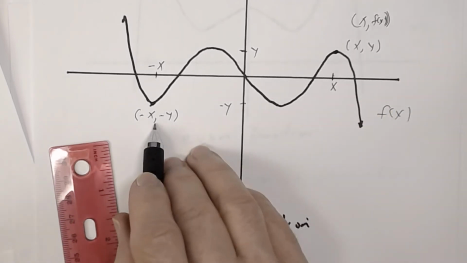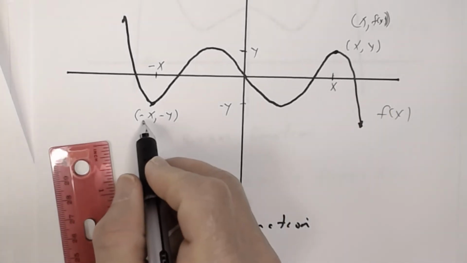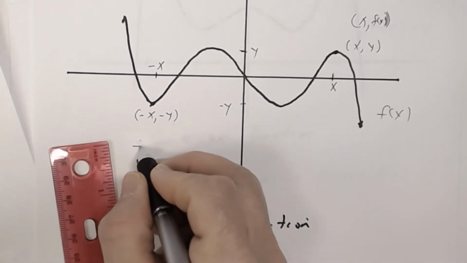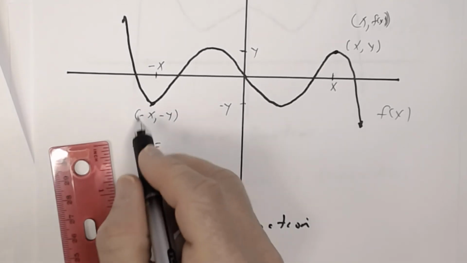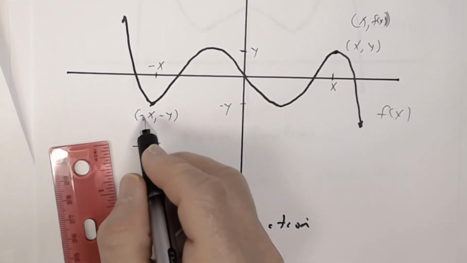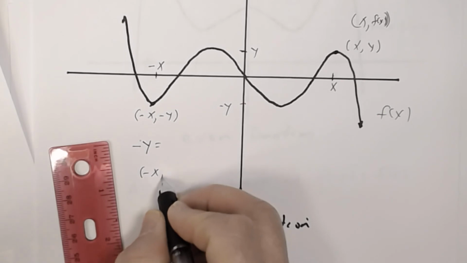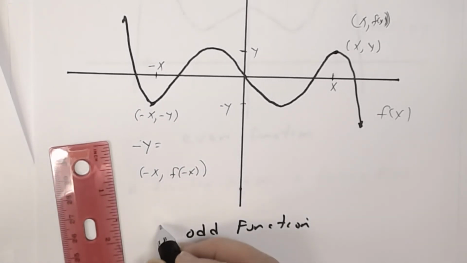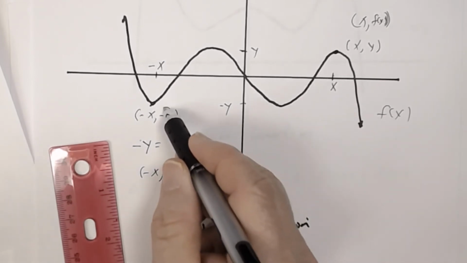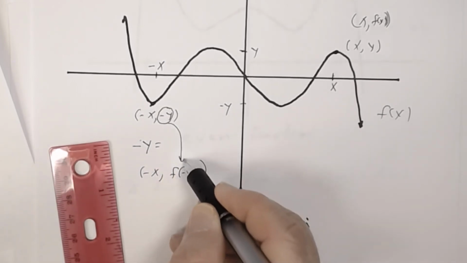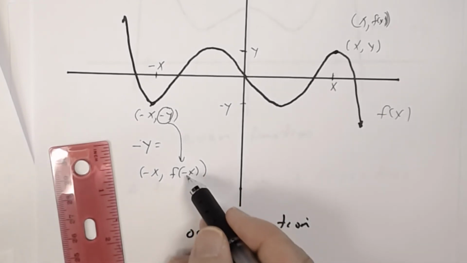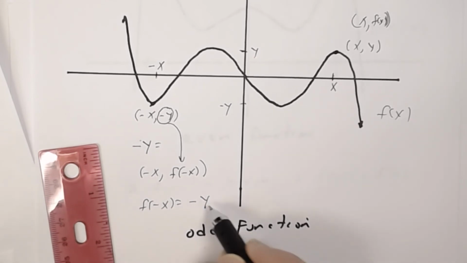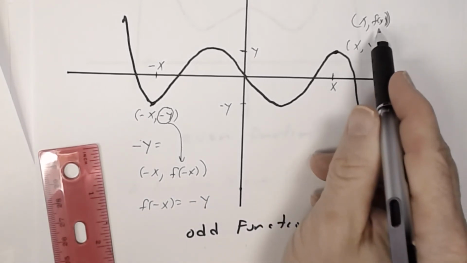Now let's talk about this right here. So if this is negative x, then this right here, I'm going to write this as negative y. Okay, so if this right here is negative x, then this becomes f of negative x. Y'all agree? Okay, and remember this right here means this. All right, so we have f of negative x means negative y. Okay? Well, isn't y the same thing as f of x?